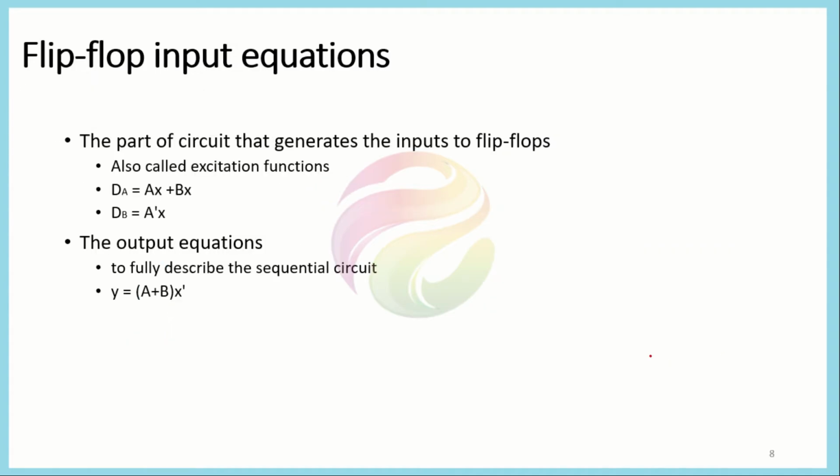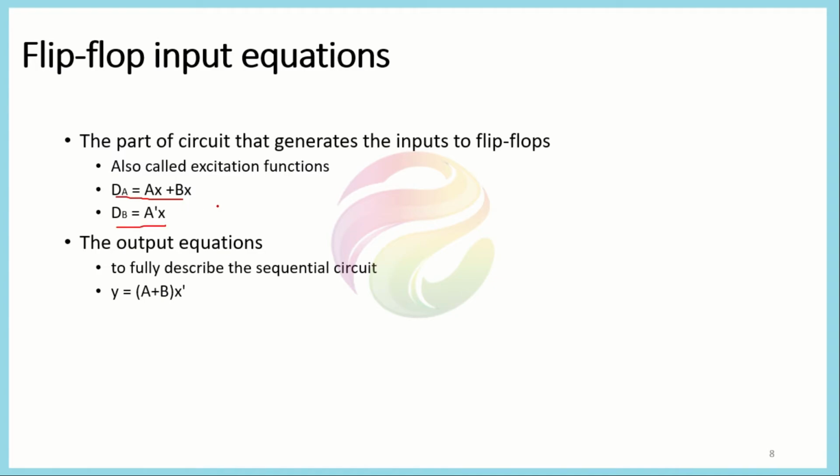For representing the flip-flops, we have seen that the outputs of each flip-flop are represented in the form of an equation, a Boolean expression. We have represented the input of the first flip-flop as DA and the input of the second flip-flop as DB.